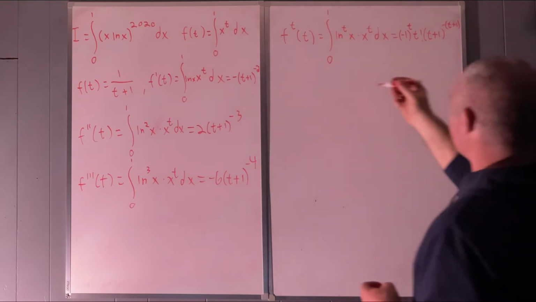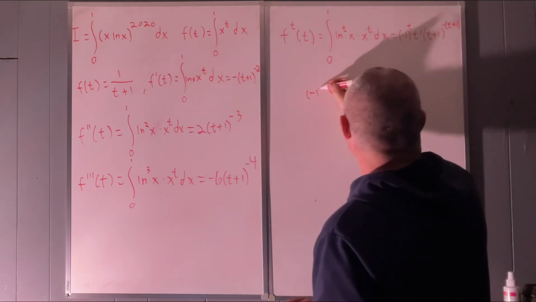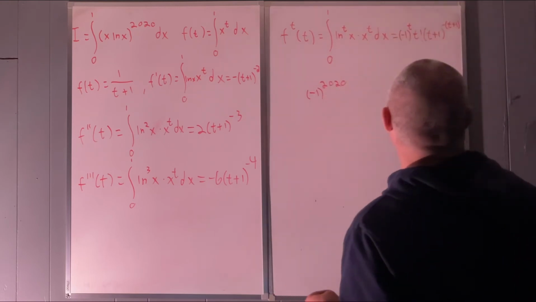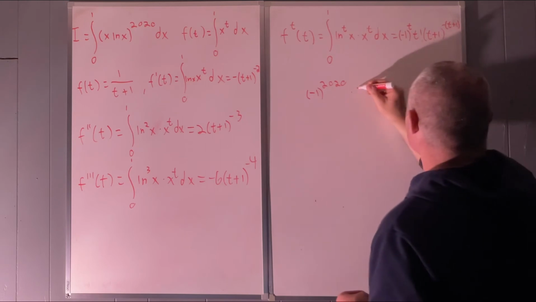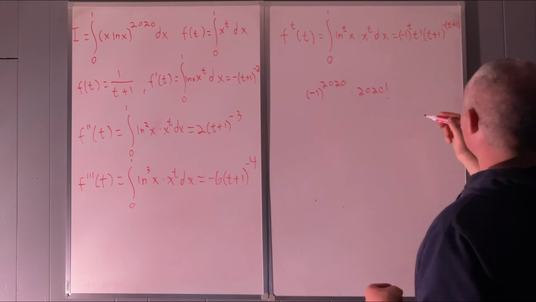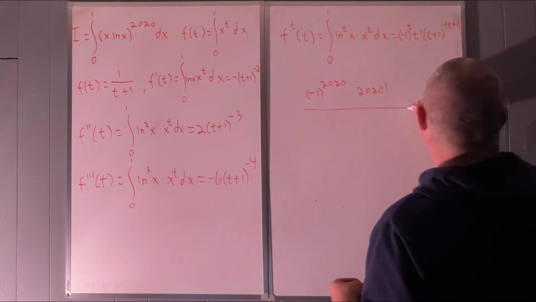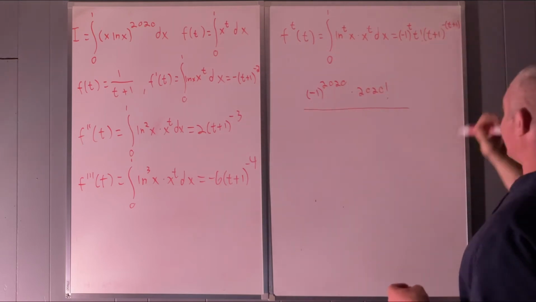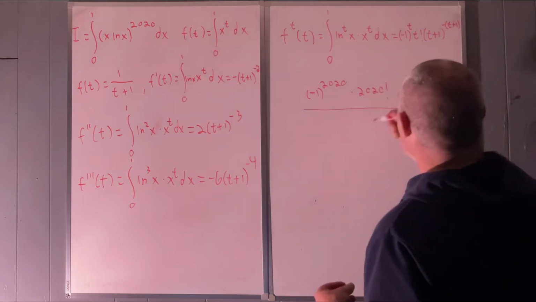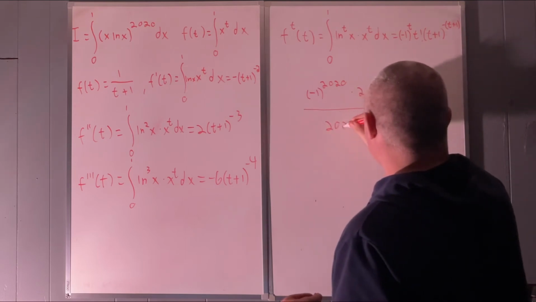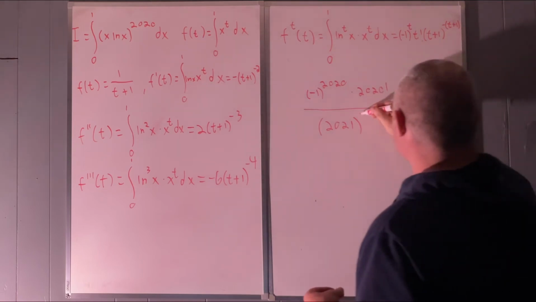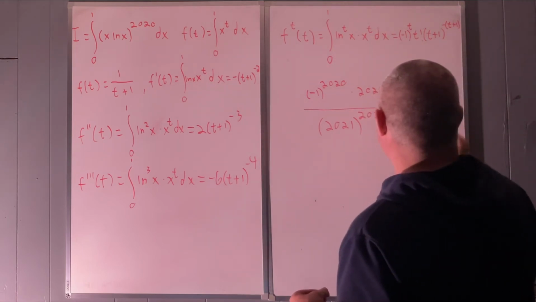That would give us negative 1 to the 2020th power times 2020 factorial, and then we'll put this over this to the positive power. So t plus 1 in this case is 2021, and that will be to the 2021 power.